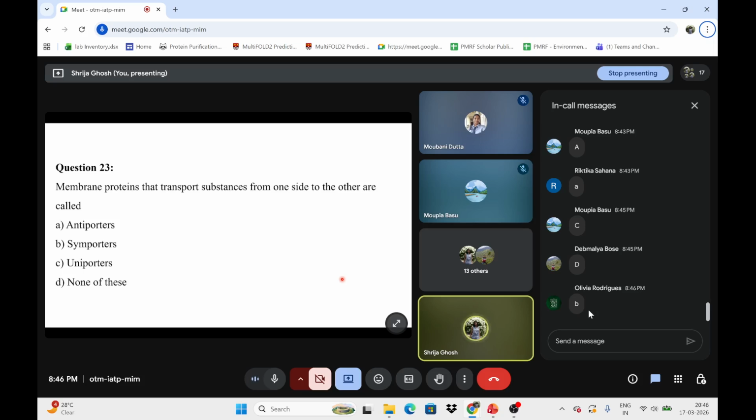Something that is transporting a molecule from one side to the other. Okay, I have C, D, B. Mobini says all three, A, B, C, would be correct. What about others?